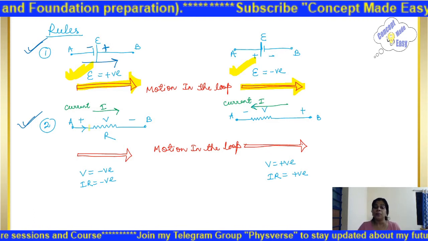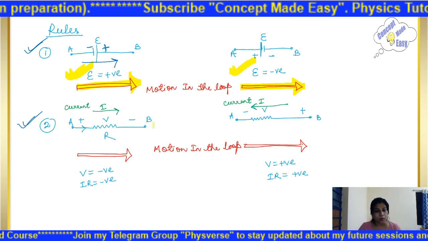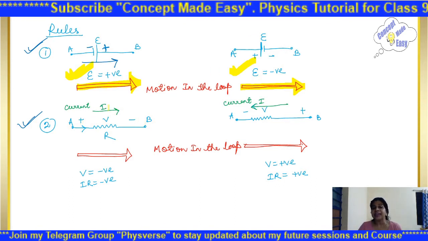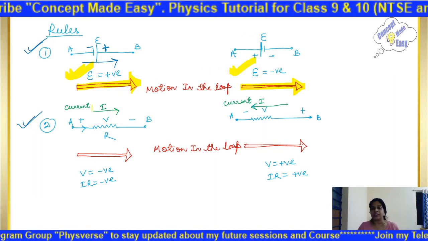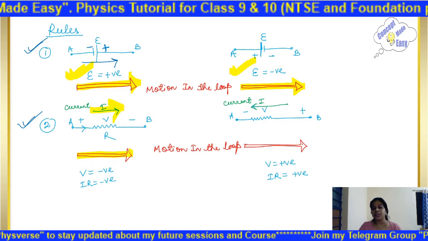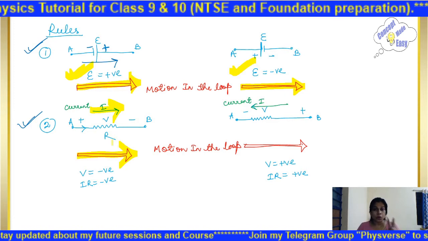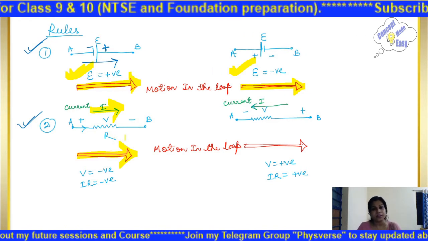Now come to the second rule. Suppose this is one node A, this is another node or junction B, this is plus, this is minus, and current I is flowing across this resistor, and motion in the loop is in this direction. So what are the sign conventions? You need to understand these two rules first.